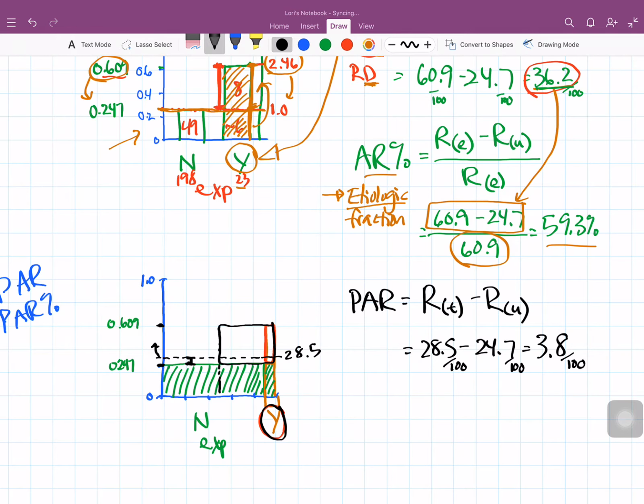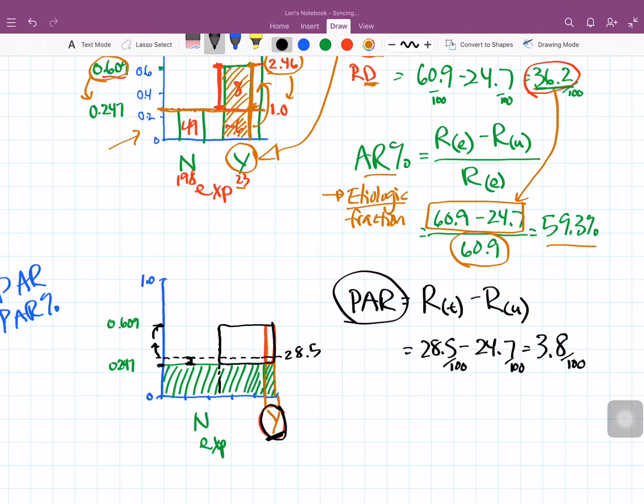In fact, if the number of yeses exposed approaches 100%, then this population number would approach the 60.9. And so as the proportion in the population who is exposed changes, population attributable risk changes. It goes up or down alongside the percentage that's exposed.